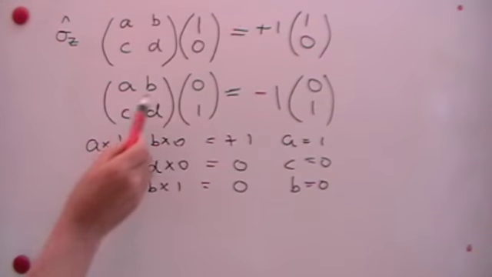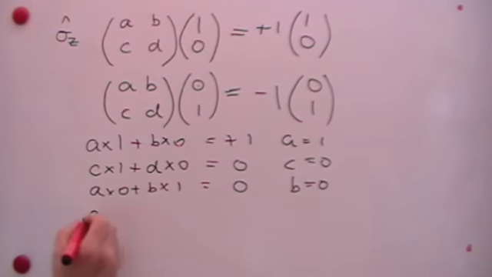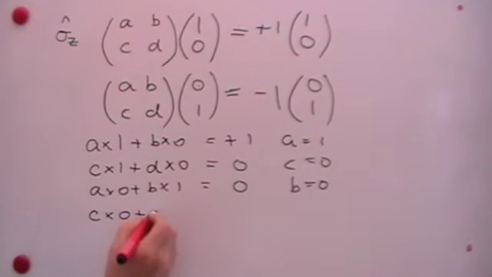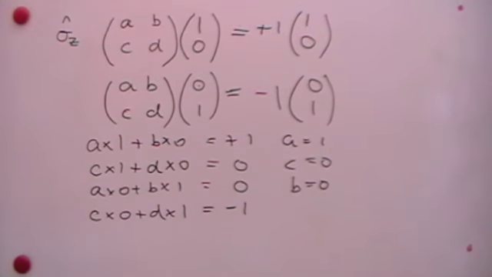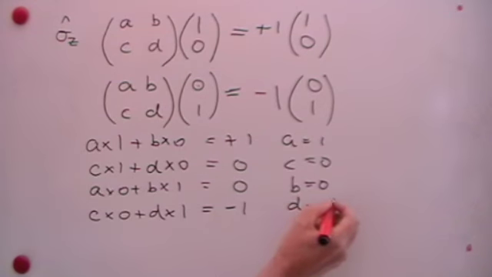And then finally C times 0 plus D times 1 is going to be equal to minus 1 times 1, which is minus 1. And therefore you can see that D must equal minus 1, because C times 0 is 0, and then D times 1 is minus 1. So I now know what my values are.